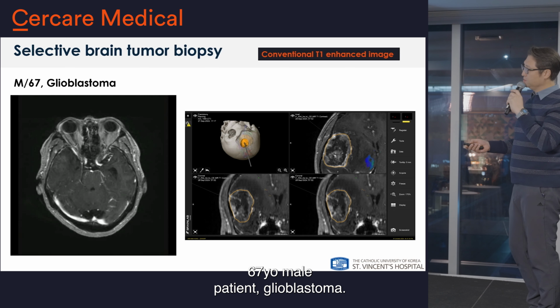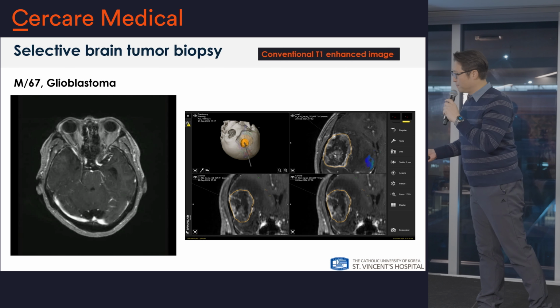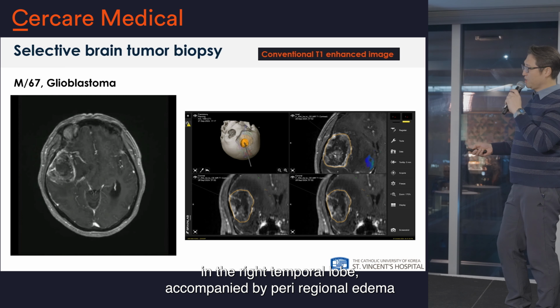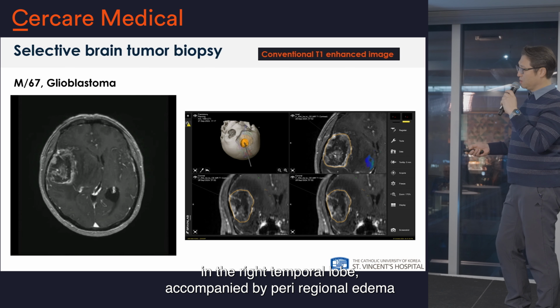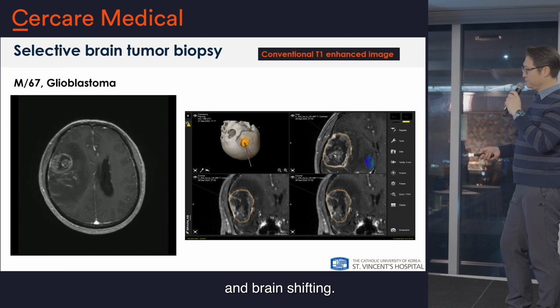A 67-year-old male patient, glioblastoma. The round large mass with heterogeneous enhancement in the right temporal lobe, accompanied by perilesional edema and brain shifting.